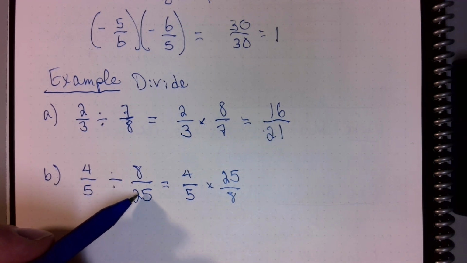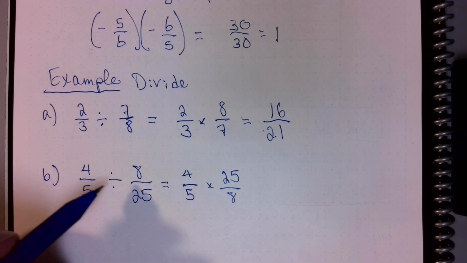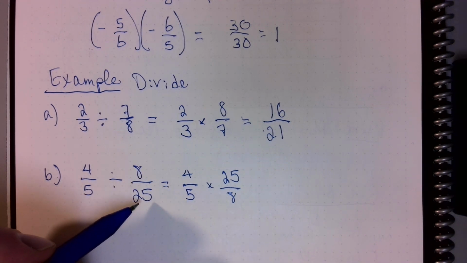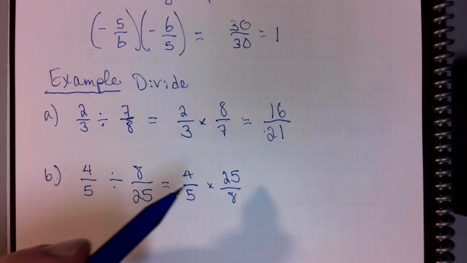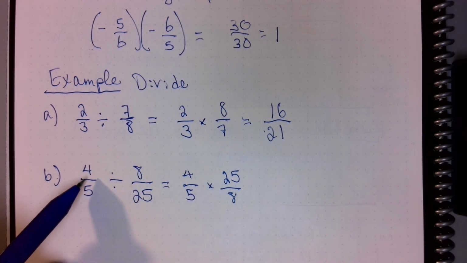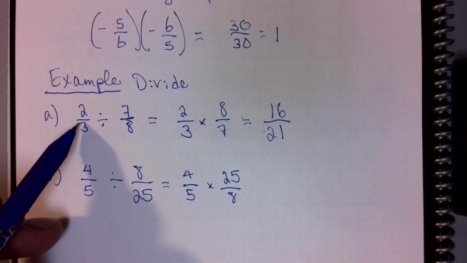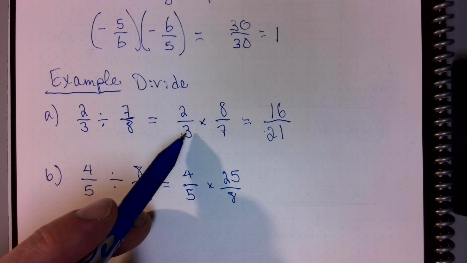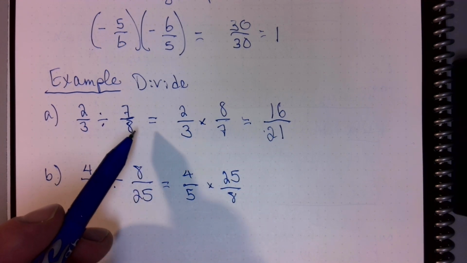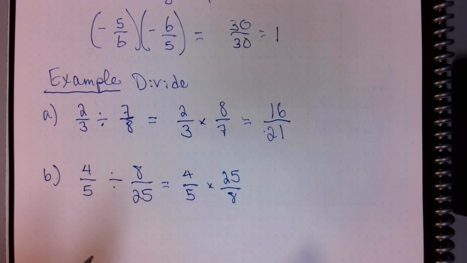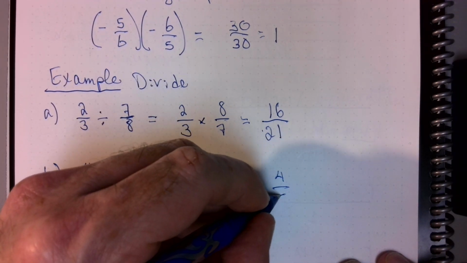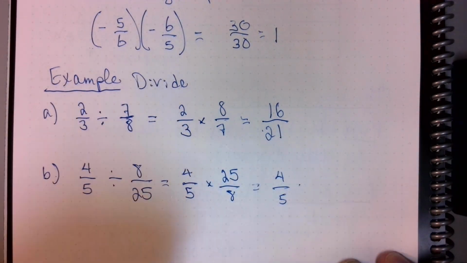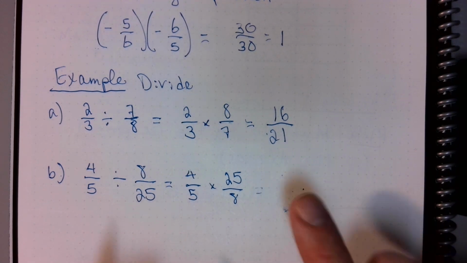The divisor is the thing you're dividing by. So we take the reciprocal of the divisor. Notice this stays 4/5, and up here the 2/3 stays 2/3. It was the 7/8, the divisor, that we took the reciprocal of. So 4/5 times 8 over 25.